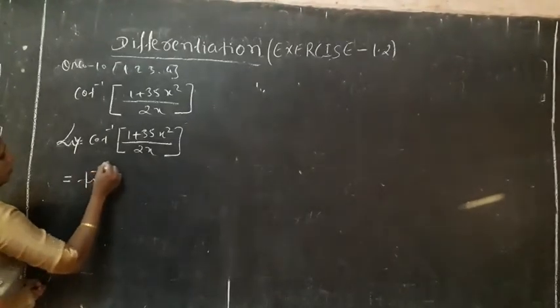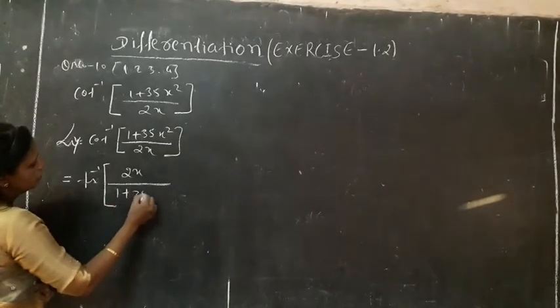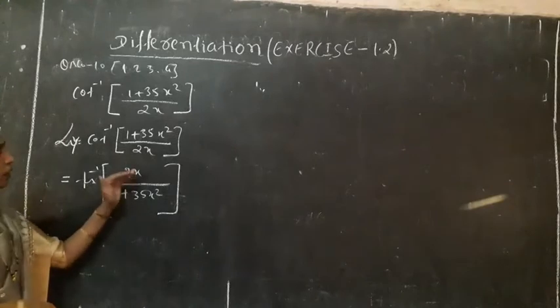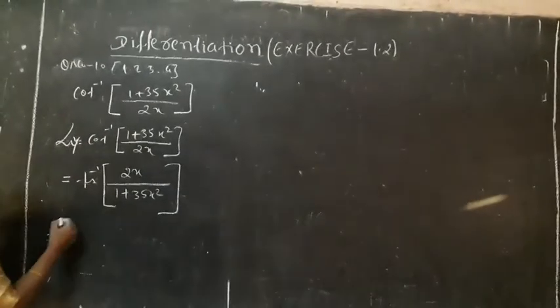So we can write this example as tan inverse of 2x divided by 1 plus 35x square. Here the numerator changes to denominator, and the denominator changes to numerator, because we have written the cot inverse function as a tan inverse function.